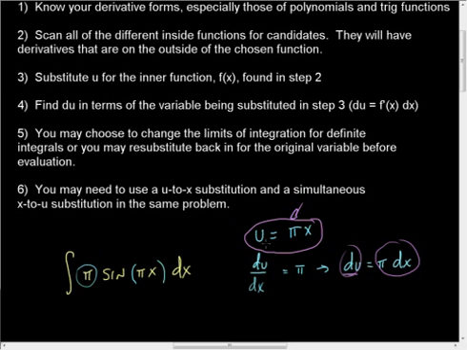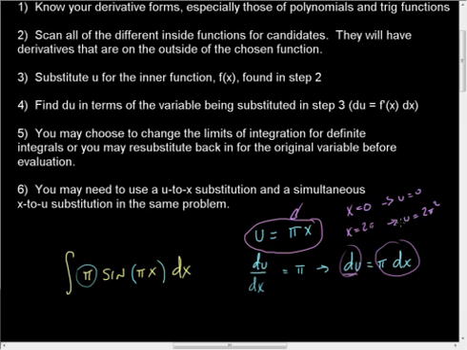So if we're going from 0 to 2 pi, for example, in this particular example, I would have to put x equal to 0 and find out what u would be, and that would be u equals 0, and then x equals 2 pi, in which u would equal 2 pi squared. Okay, now that changes the limits a little bit.